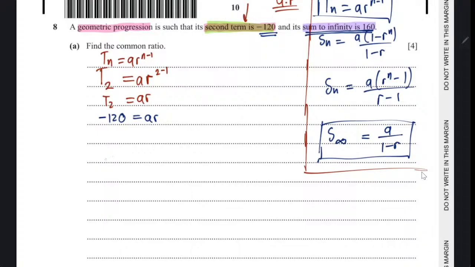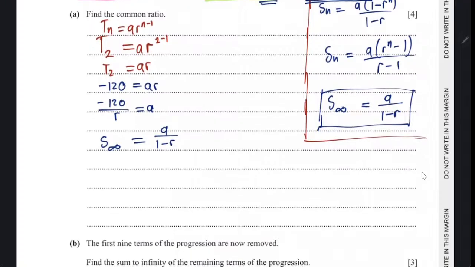Sum to infinity is equal to, put the formula first. Don't worry about the value they've given you. It is A over 1 minus R, right? So what you can do here is make A the subject so that you can come and replace here. You understand? So take R to the other side. You have negative 120 over R is your A. Can you see that?